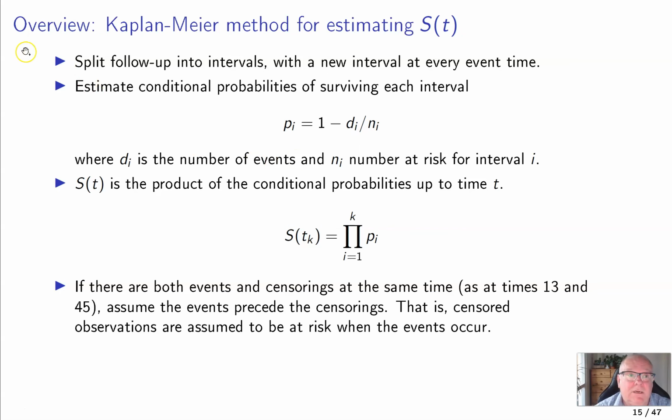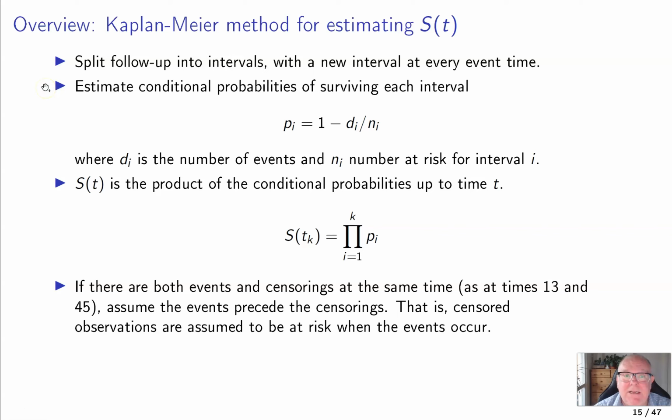So the Kaplan-Meier method, well, what we do, we split follow-up into intervals with a new interval at every event time. So in my outline, I said, well, let's have 1 probability for every follow-up year. What we do in practice with the Kaplan-Meier is there's an interval at every event time.